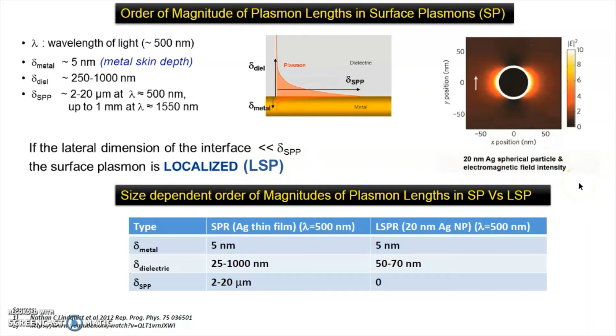It is present where this nanoparticle is present. If you go away from the nanoparticle, there is no electric field after a particular distance, that is delta dielectric. So you can also imagine, if we shift our attention from metallic thin film to metal nanoparticles, the entire formation of plasmon will change, because the magnitude of the plasmon length has changed.